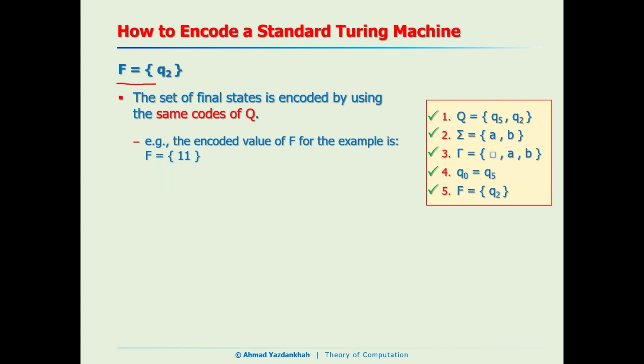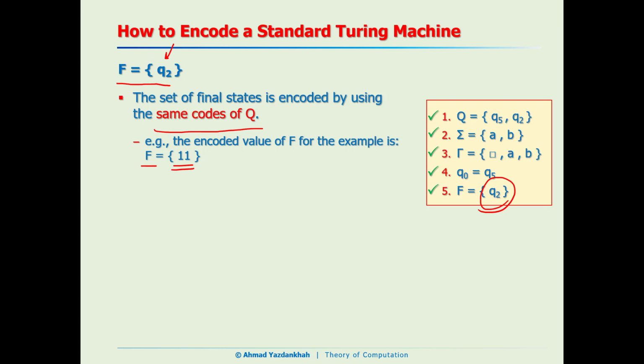The set of final states. Again, Q2 was encoded when we were encoding the Q. Since we have only one final state and it has already been encoded, we will be using the 1, 1 for this purpose.